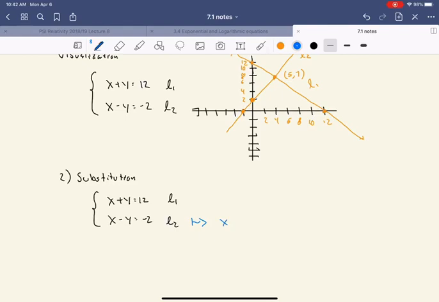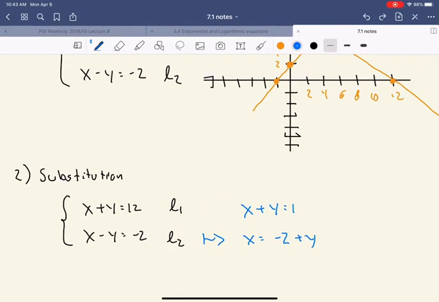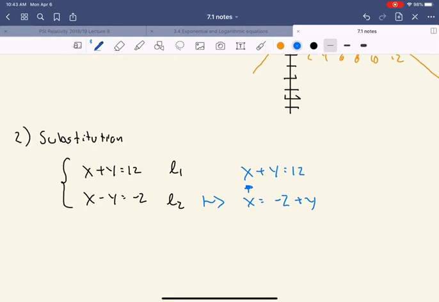We're going to say x is the same as negative 2 plus y. That's what line 2 tells us. And we're going to substitute that in to our other expression. So we're going to substitute this x in here. Okay, so what does that give us?